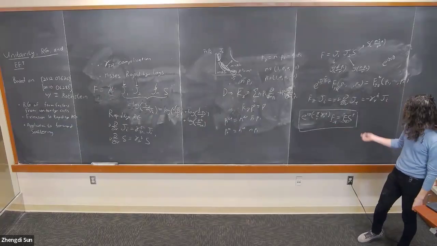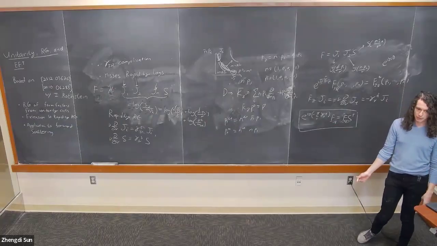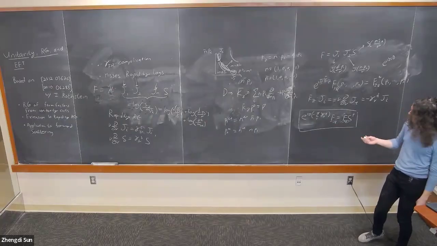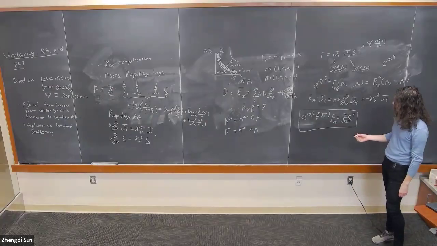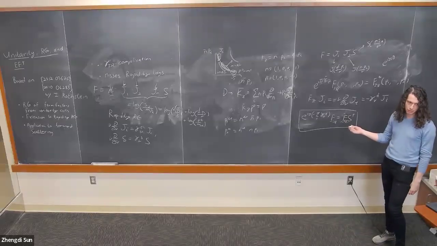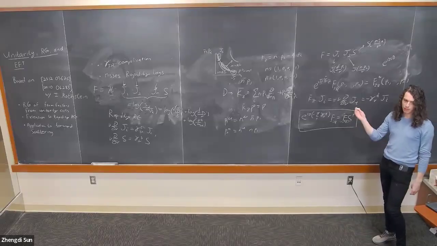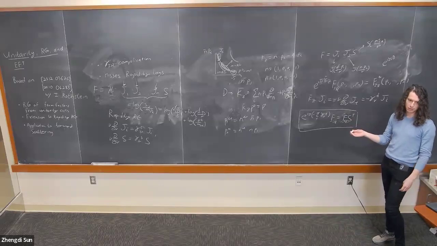We did the Sudakov form factor with massive and massless external quarks. We also checked the transverse momentum dependent soft function. And in both those cases, it reproduced the known rapidity anomalous dimensions up to two loops, where we did our computations.